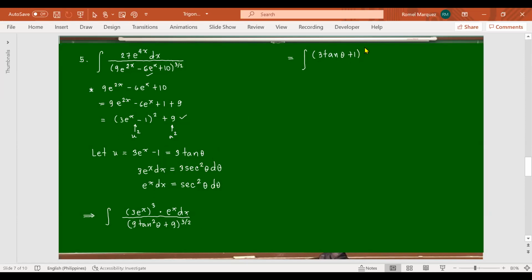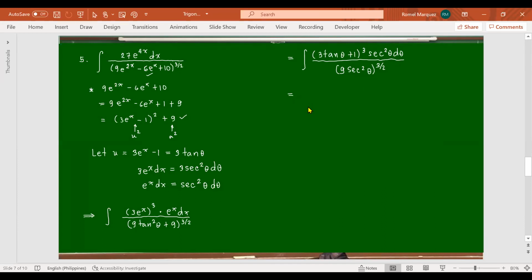Raised to 3, e to the x dx is secant squared theta. Over this quantity, 9 times tangent squared plus 1. But what is tangent squared plus 1? That is secant squared. Secant squared times 9, raised to 3 halves.